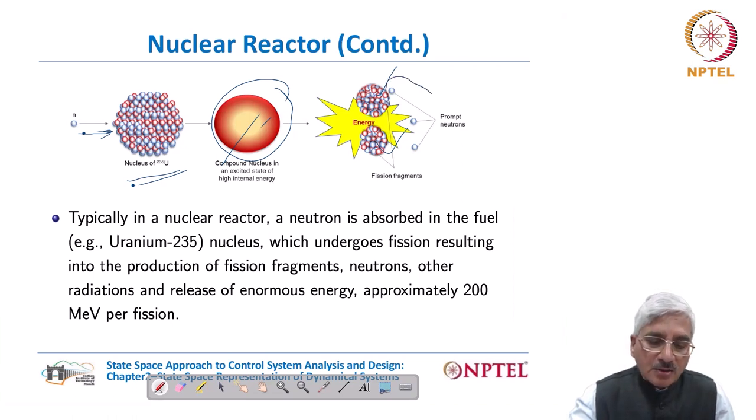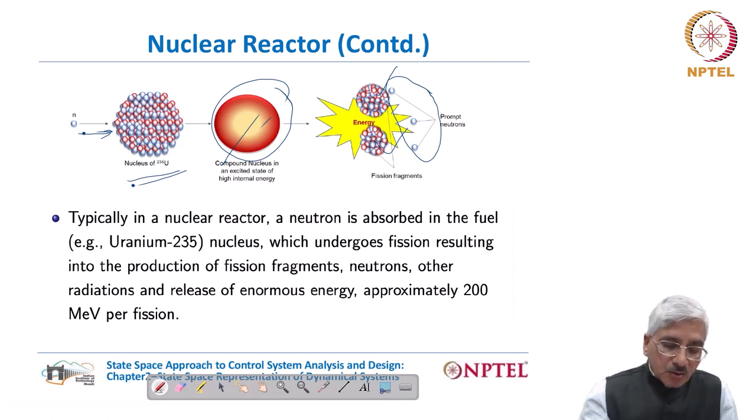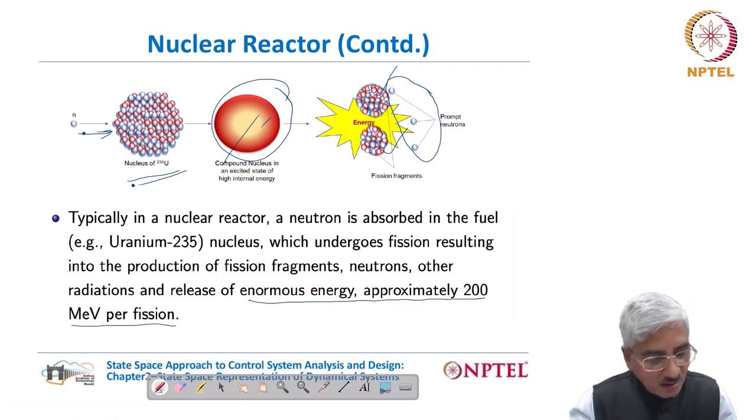This is also accompanied by the release of 2 neutrons in some events and 3 neutrons in other events. Also, in the fission reaction, a huge amount of energy is liberated, of the order of 200 million electron volts per fission.